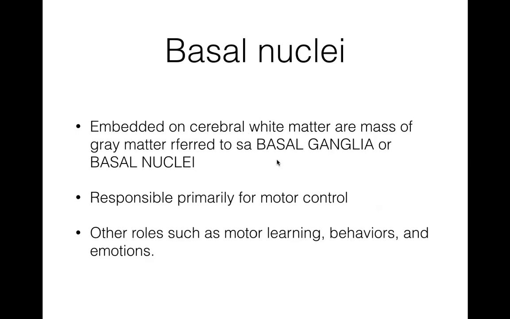They are referred to as the basal nuclei, which is the newer name, but in older textbooks, they are often referred to as basal ganglia. Now, currently we discourage the term ganglia because ganglia refers to collections of neurons that are located outside the CNS. So technically, the term nuclei is more appropriate.